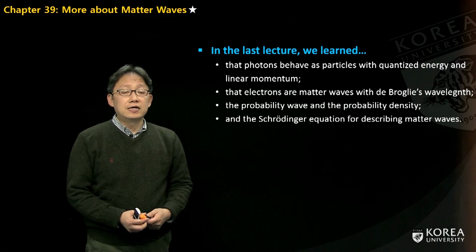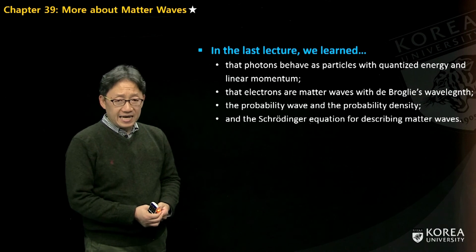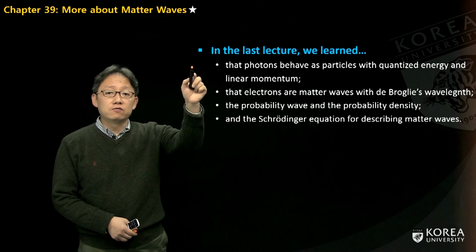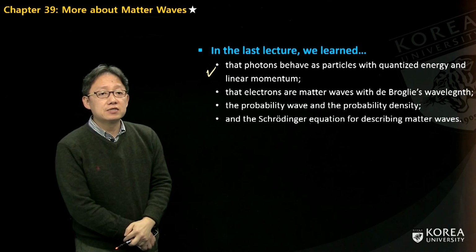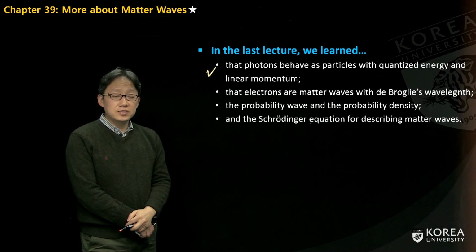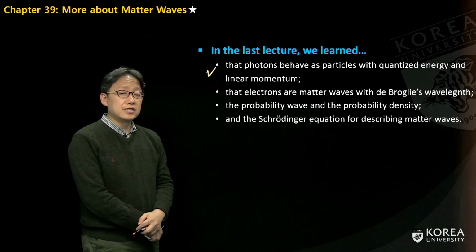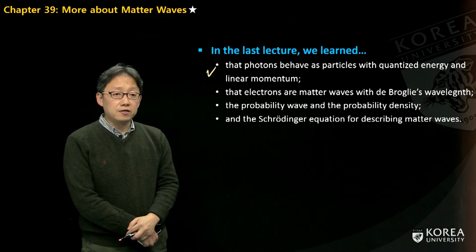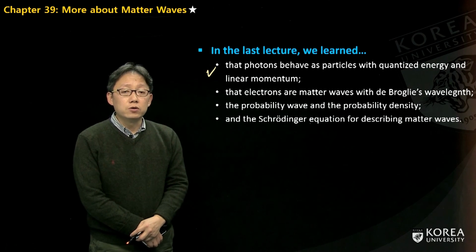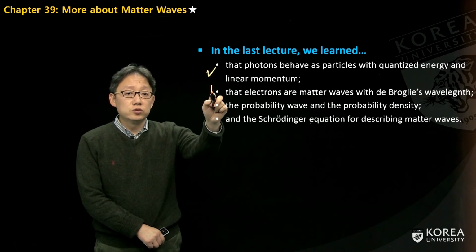In the last lecture, chapter 38, we learned that photons behave as particles with quantized energies and linear momentum. That was the essentially important idea about quantum physics. And we also learned that electrons are matter waves.